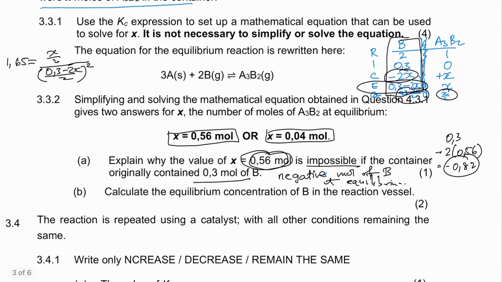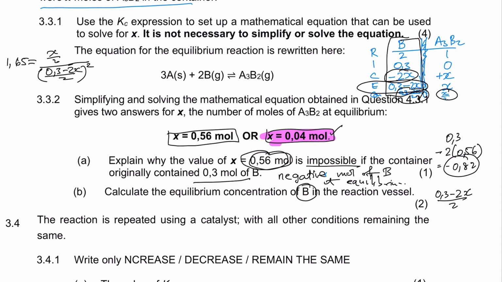Question B, calculate the equilibrium concentration of B in the reaction vessel. So obviously then it means we are using the value 0.04. Now if we want to solve for the concentration of B, we know the x value and we know the expression. The concentration of B was 0.3 minus 2x over 2.